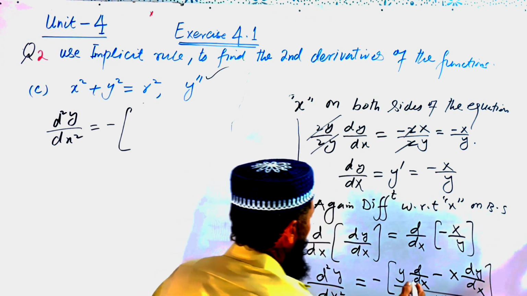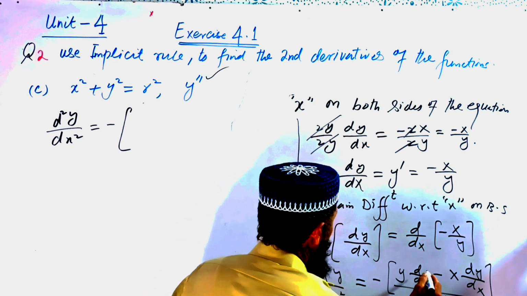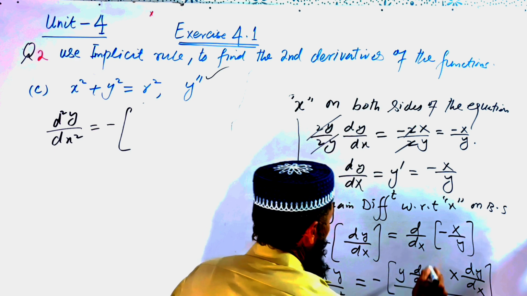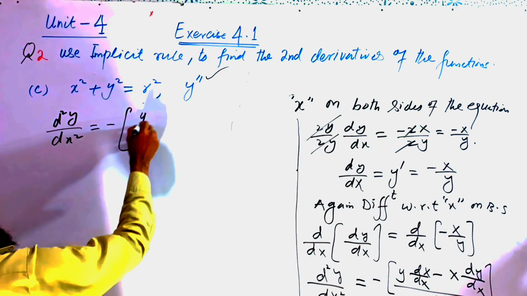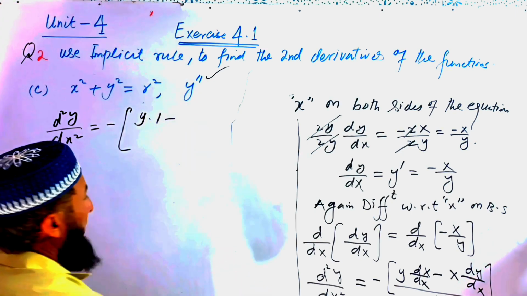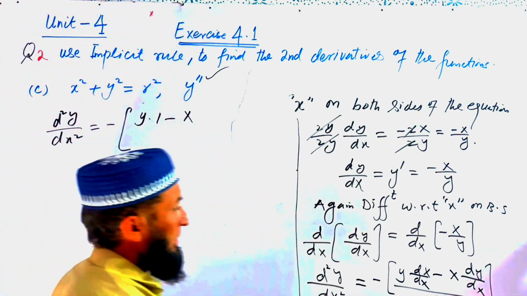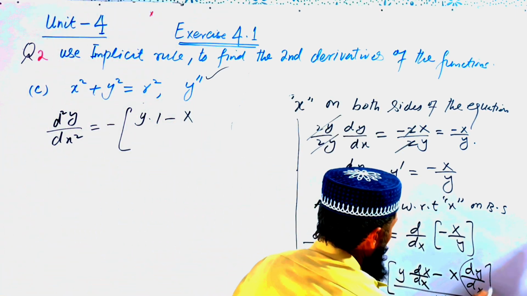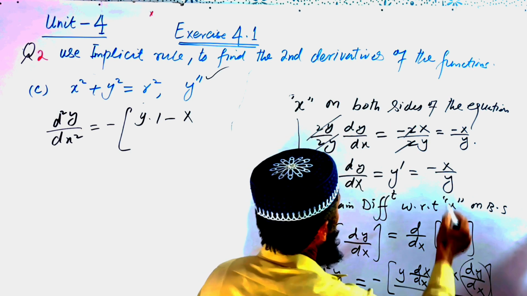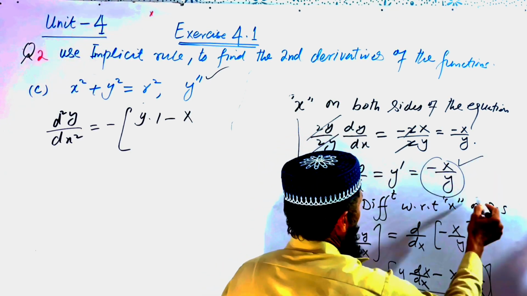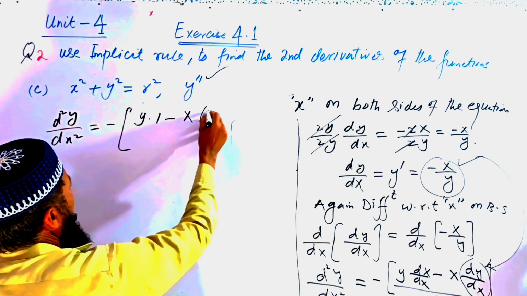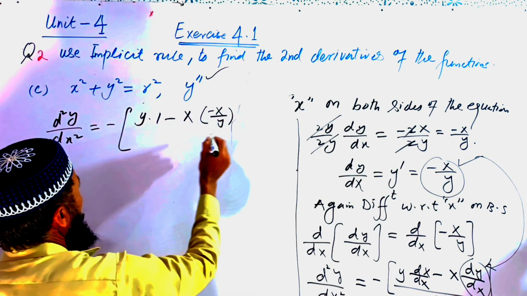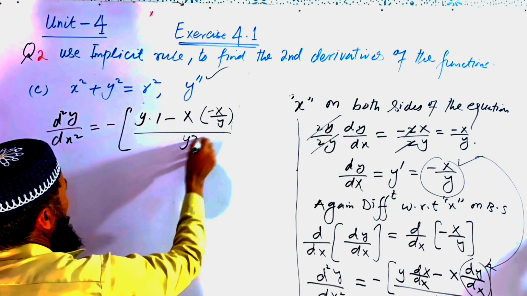Here the derivative of x is 1, and the result of dy by dx we have already found. We put that result, minus x divided by y, in its place, over y square.